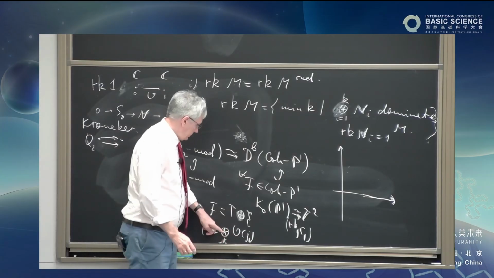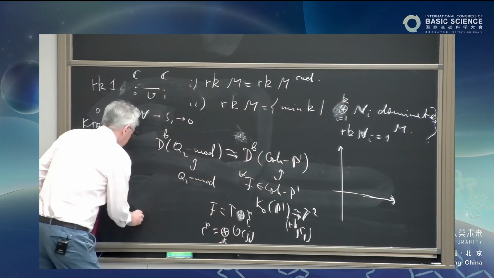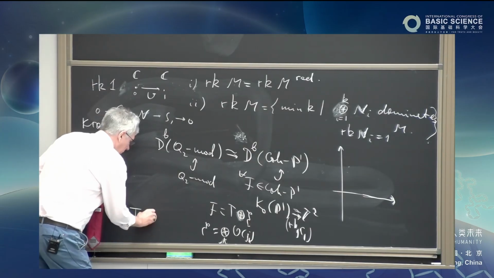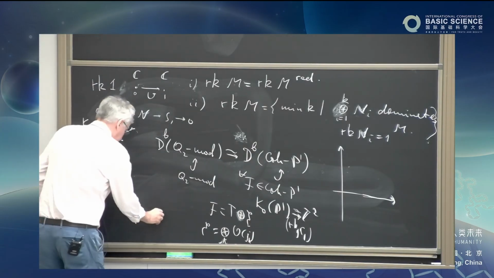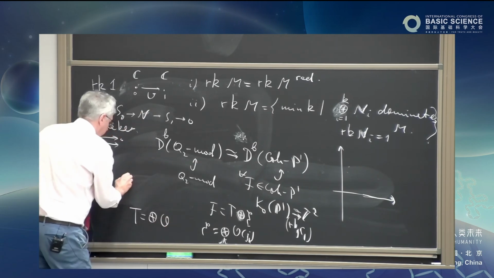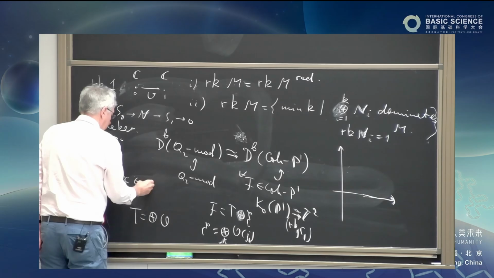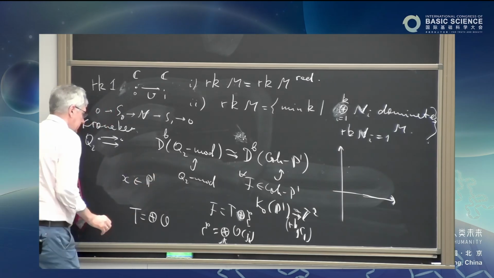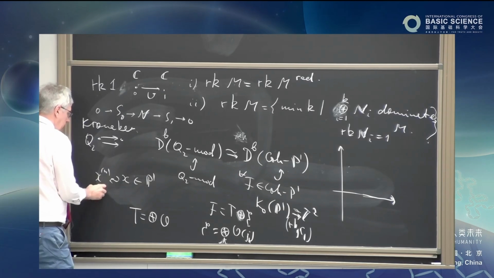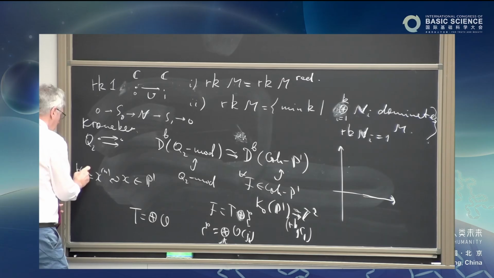And also every torsion sheaf is known to be a sum of sheaves of the following form. You choose a closed point x in our P1 and consider some infinitesimal neighborhood of it, which I will denote by Xn. Locally it's isomorphic to K[T] modulo T^n, right?